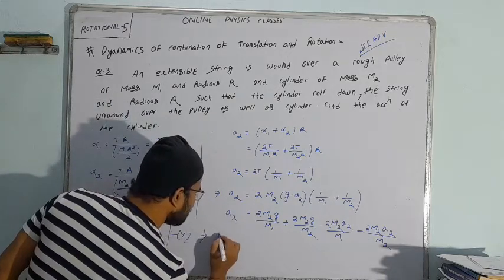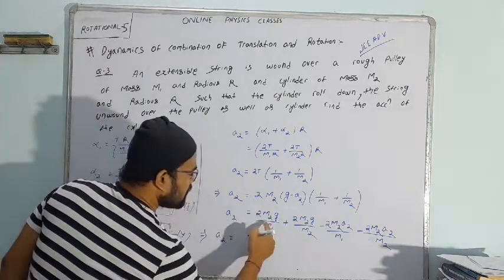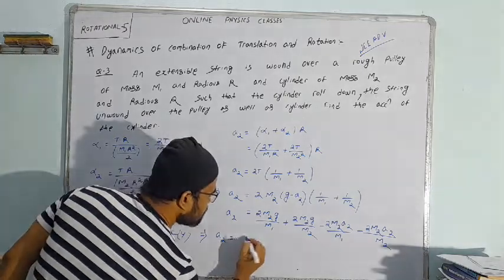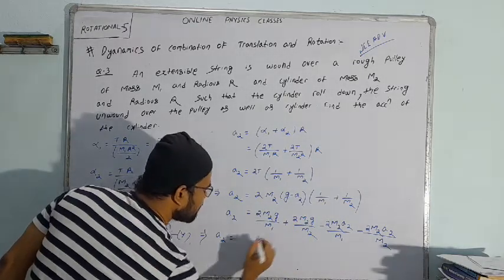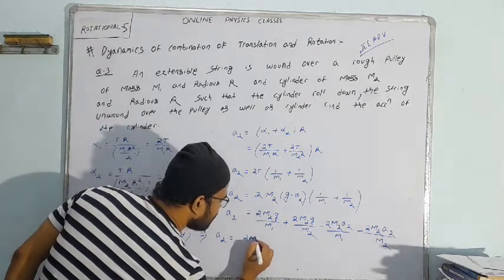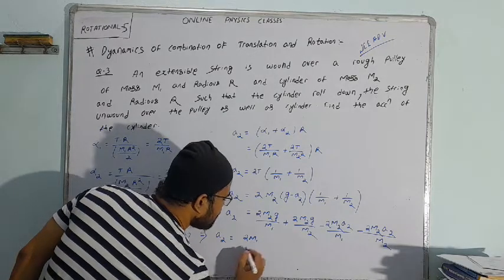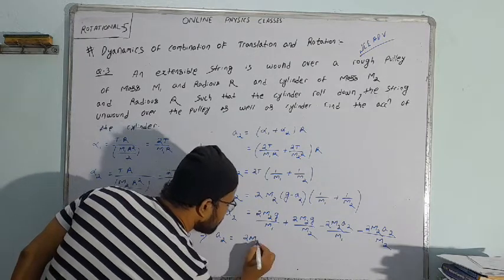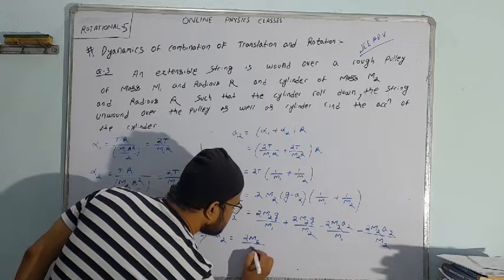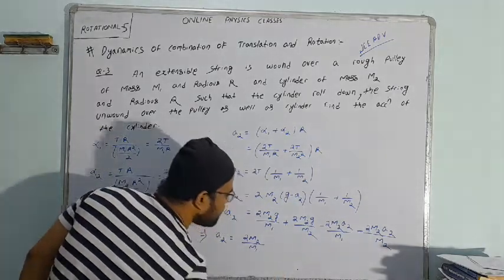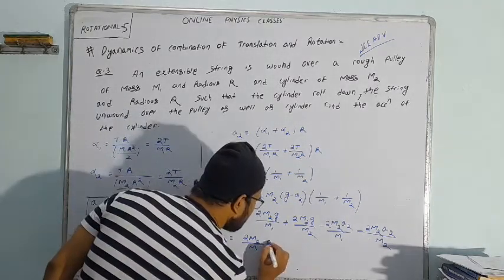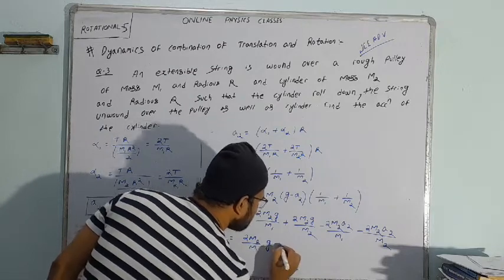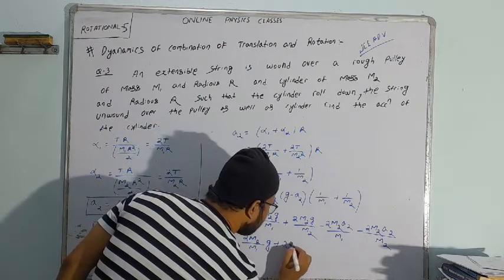If you solve this equation, from this we can take g common, this is 2m2 by m1 g plus 2g.